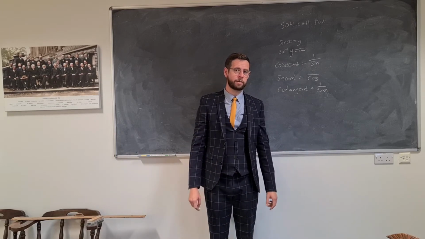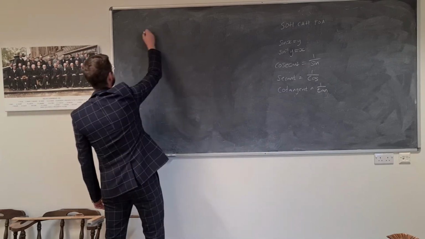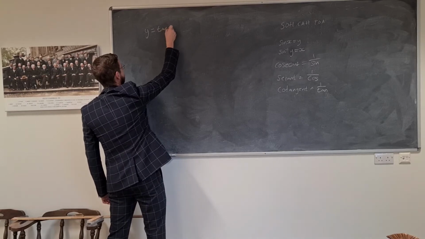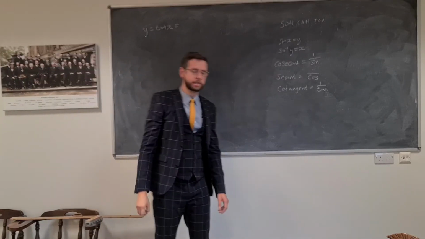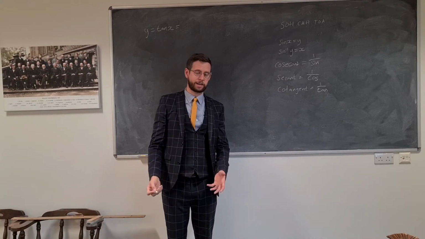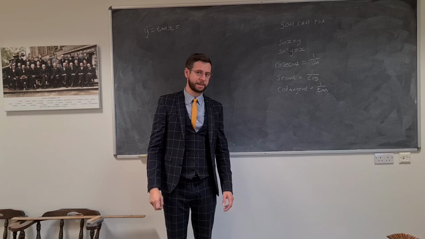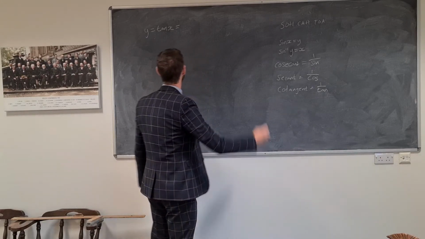So, tangent. How do we find the derivative of tangent? Well, let's say y equals tan x. Tangent, it turns out, is simply a ratio of what the other two circular functions are doing: the ratio of sine x to cos x. That is all that tangent means.